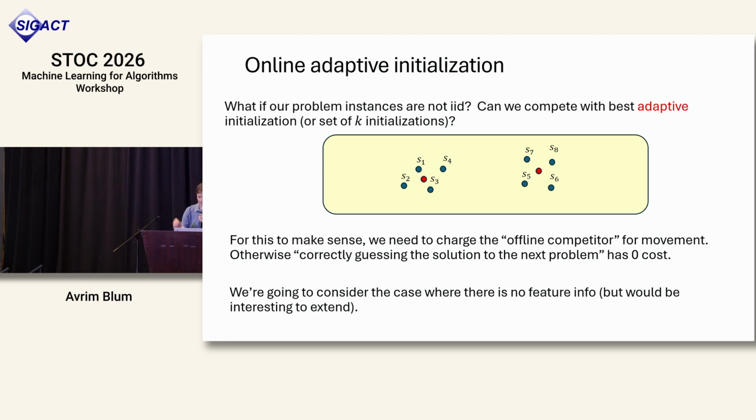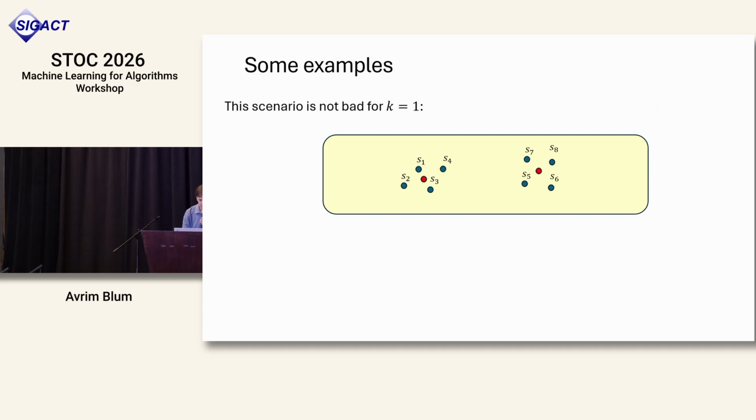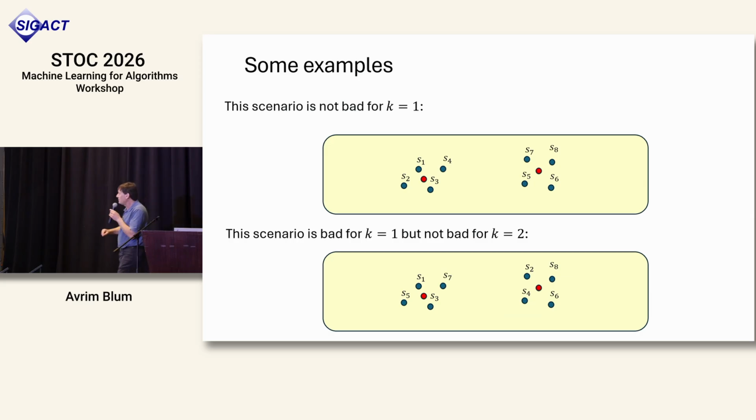So there's no mapping agent here. Just to give some examples, this scenario is pretty good for the case k equals 1, a single moving initialization. On the other hand, this case would be bad. It's the same as the one above, except they go back and forth: first, second, third, fourth, fifth, sixth, seventh, eighth. Instead of moving one around, you'd like to move two around.